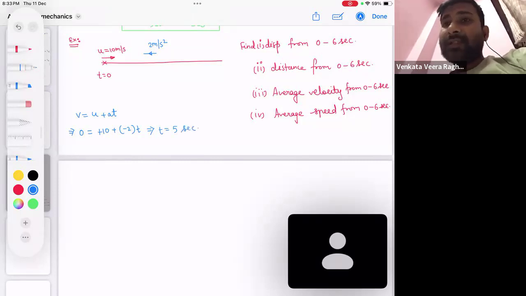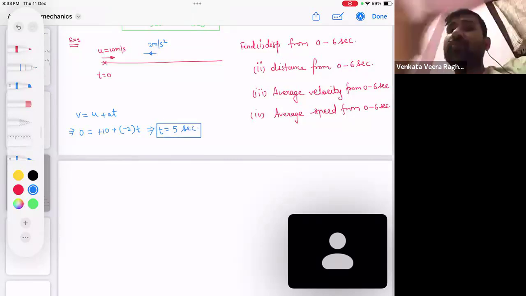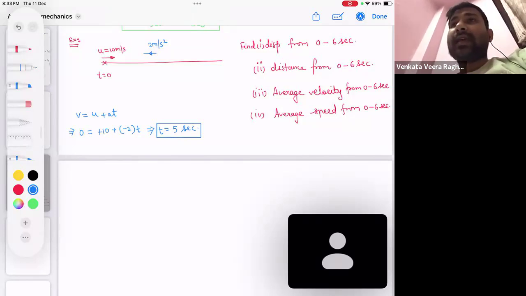The 5 second is the turning point time, right? So the particle from 0 to 5 second will move towards right, and from 5 second onward, it will turn back and keep moving in the backward direction.